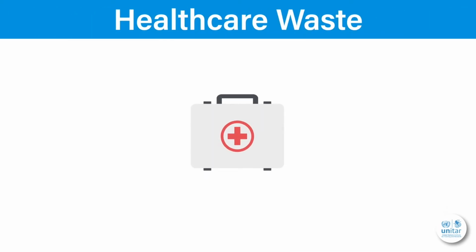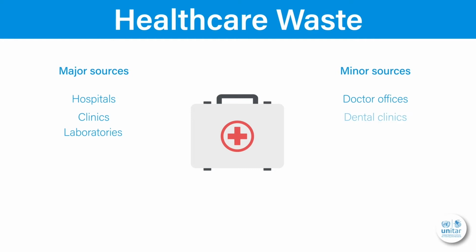Now let's talk about healthcare waste. First and above all, you have to realize that healthcare waste comes from many sources, including major sources such as hospital, clinics, and laboratories, but also minor sources such as doctor offices, dental clinics, and convalescent homes.